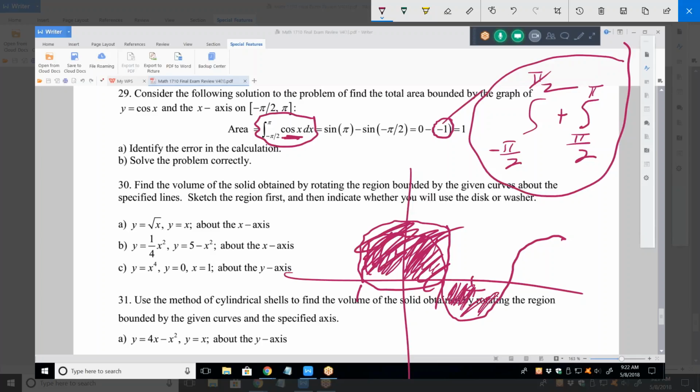And then I've got to do it from pi over 2 to pi to get this area. And that's going to be a negative number, but I've got to add that to that. Okay. Yeah, a little tricky. Okay.